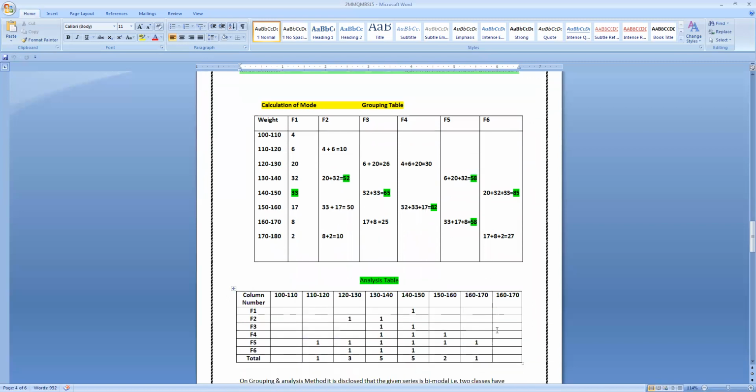Now we'll go for arranging the same highest frequencies in the analysis table. We know that in the first row, the variable values have to be shown, because in the case of a continuous series, the class intervals have to be shown in the first row. Then the second row becomes the first column of the grouping table. Then C1, C2 or F1, F2, any kind of alphabet we can use here.